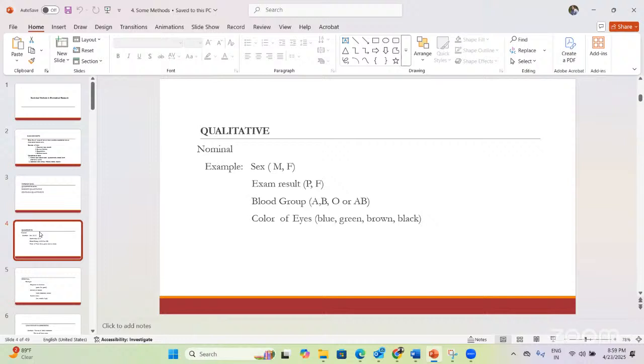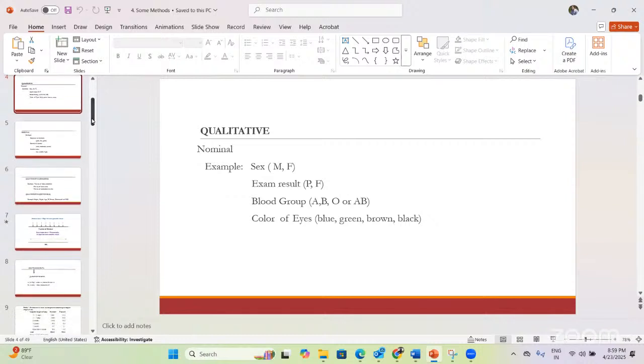Qualitative data means it is based on some attributes, maybe sex, male, female, maybe exam results, pass, fail, maybe blood groups, maybe color of eyes. It is not a number, it is not numerical, it is an attribute, it is a character.